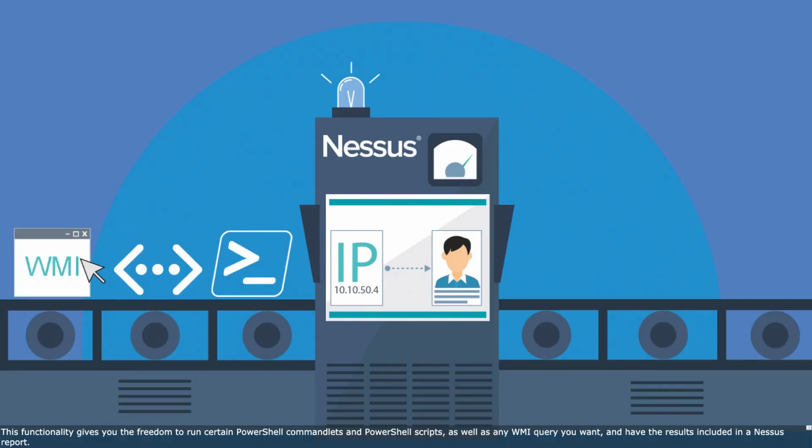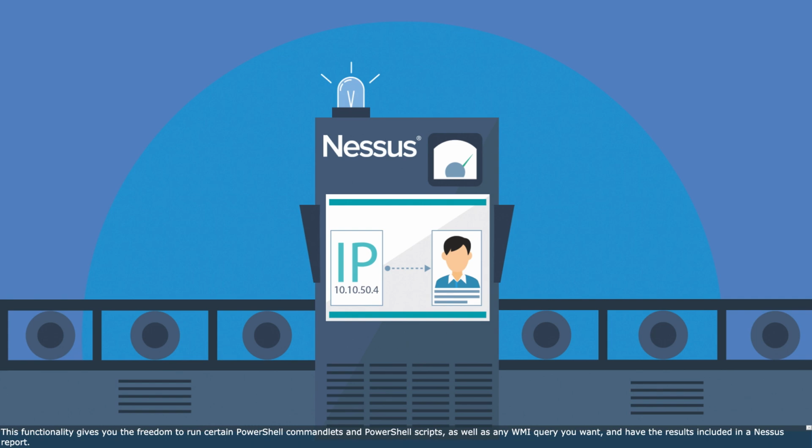This functionality gives you the freedom to run certain PowerShell commandlets and PowerShell scripts, as well as any WMI query you want, and have the results included in a Nessus report.